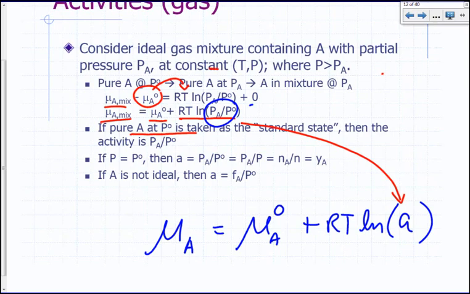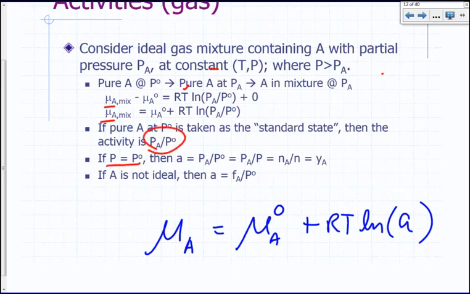We define a quantity called activity, which is something we can easily measure in the lab. In the case of an ideal gas, that would be the partial pressure. So the activity is PA over P naught, regardless of what that pressure is in your system. Activity for an ideal gas is just PA over P naught.